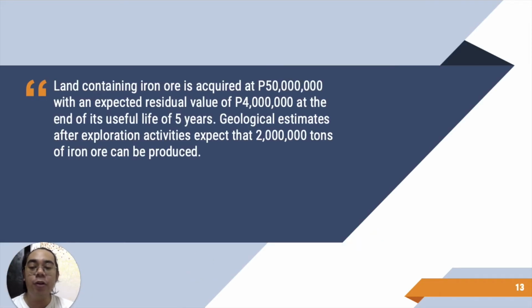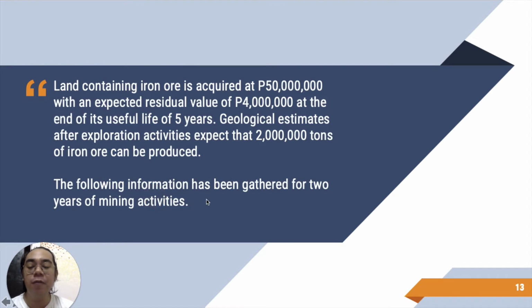Let's have an example. For example, land containing iron ore is acquired at 50 million pesos with an expected residual value of 4 million pesos at the end of its useful life of 5 years. Geological estimates after exploration activities expect that 2 million tons of iron ore can be produced. The following information has been gathered for 2 years of mining activities.